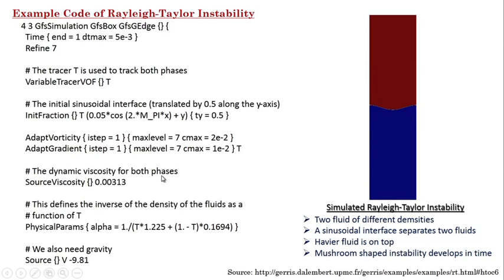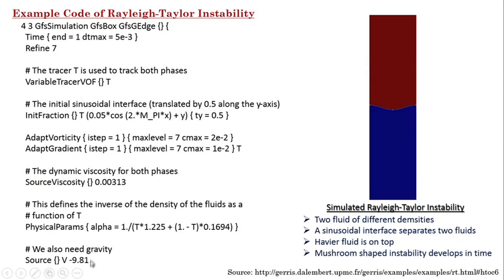Then the viscosity: in this case the viscosities are the same, so this is the syntax for writing viscosity. Then this physical params alpha is for writing 1 by density: 1 by rho is 1 by T into the density of one phase plus 1 minus T into the density of the other phase.